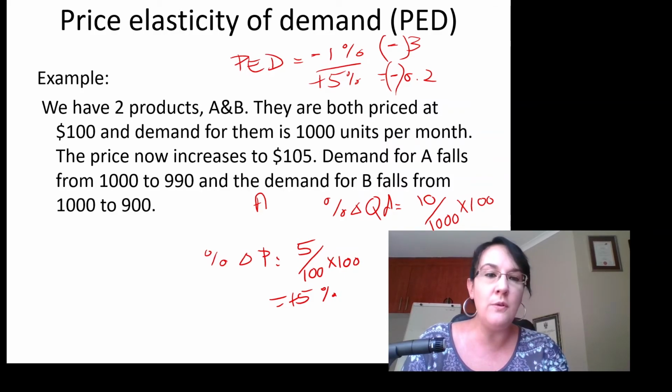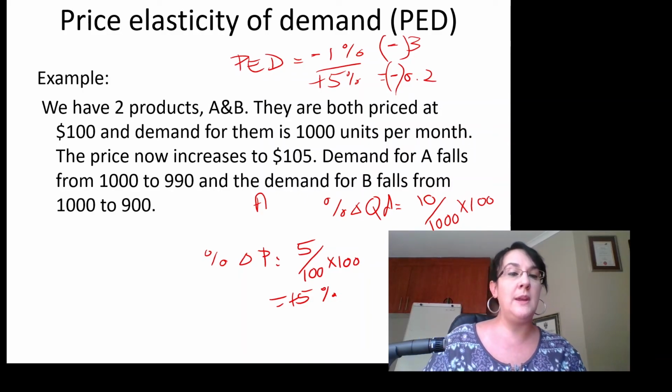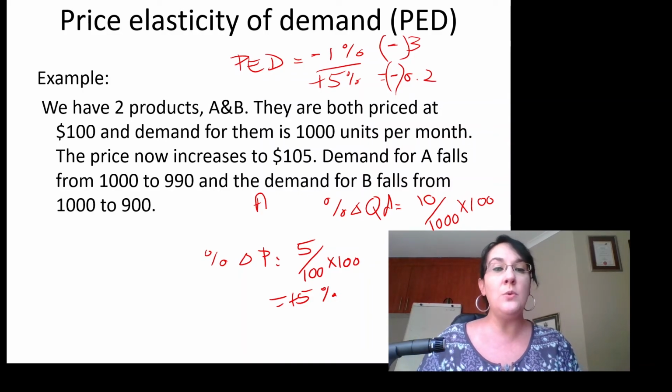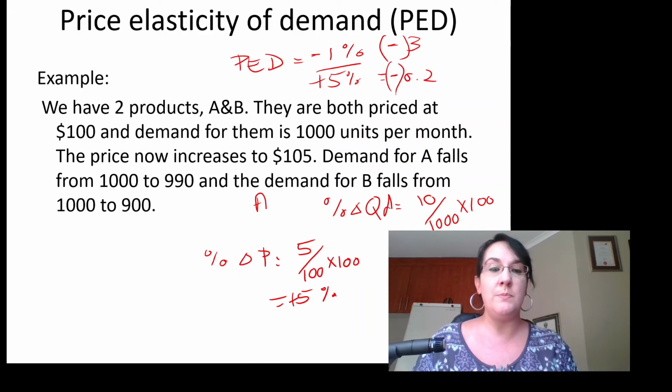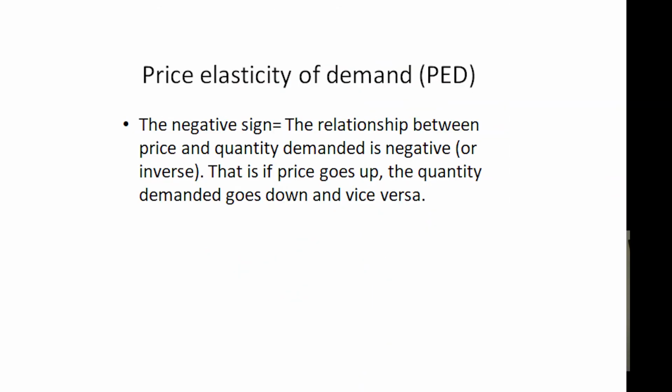Do not fall for the trick of looking at the sign and not ignoring it. The only reason that minus is there is to tell me that relationship between price and quantity demanded, which is a negative one.